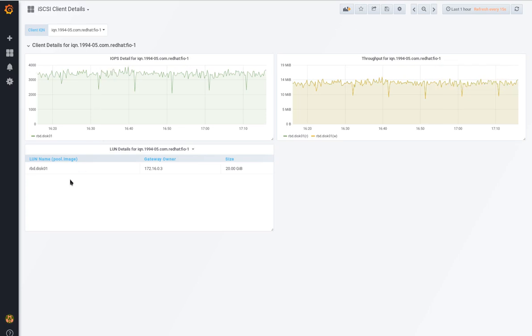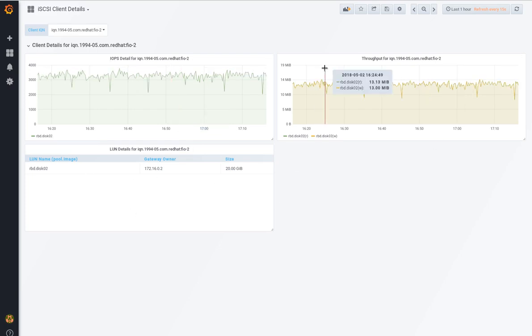And we can see in this final table that RBD disk 01, which is that disk image, it's actually owned in terms of the primary path through this particular gateway, and it's 20 gig in size. And you can just select a different client to see its stats show up. Okay.